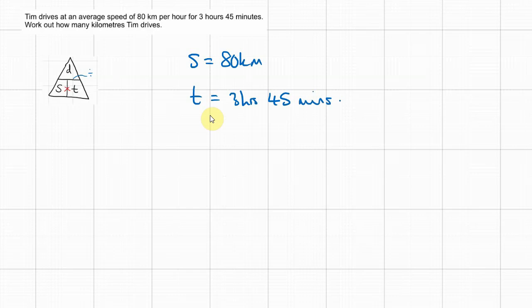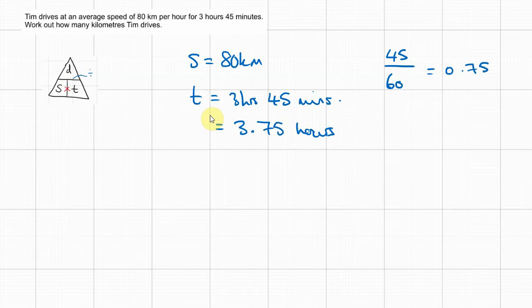We need this as an actual 3 point something hours. We don't know how to calculate with hours and minutes as both units. So for 45 minutes, if you do the amount of minutes divided by 60, because that's how many minutes are in an hour, that is going to tell you the decimal amount. So this is going to be 3.75 hours.